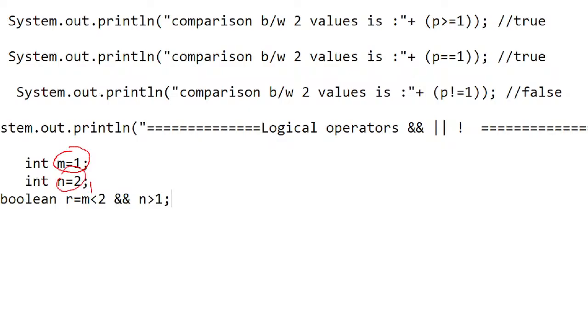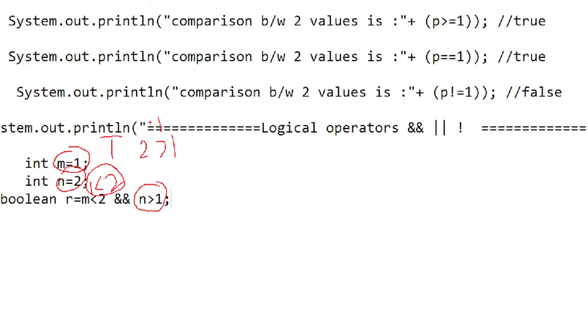So 1 less than 2, is this true or false? This is true, and there is an AND operator. Now 2 greater than 1, which means this is also true.